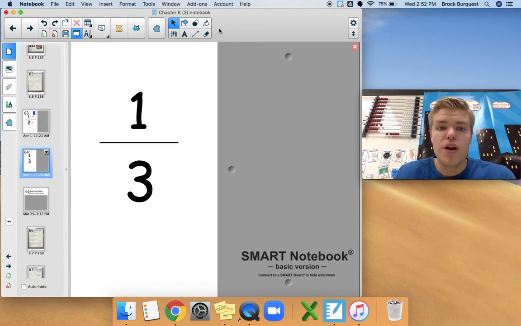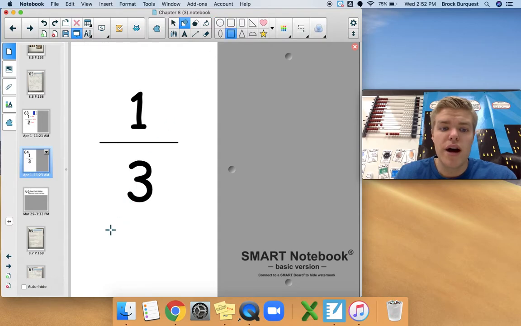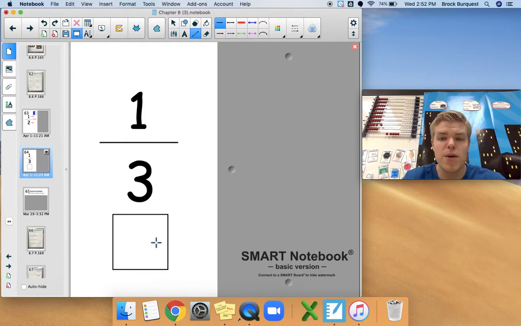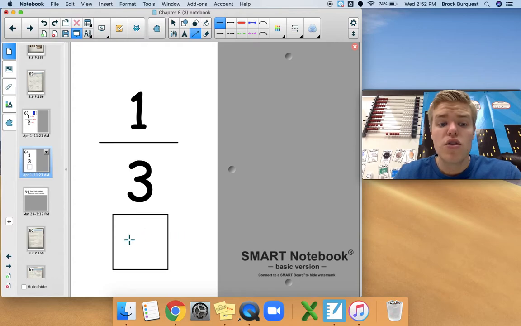Now, we're gonna look at another one, 1 over 3. So if I were to have a square, how do you think I should divide this so we can have 1 out of 3? How many parts do I need total? Right, you need 3 parts total.